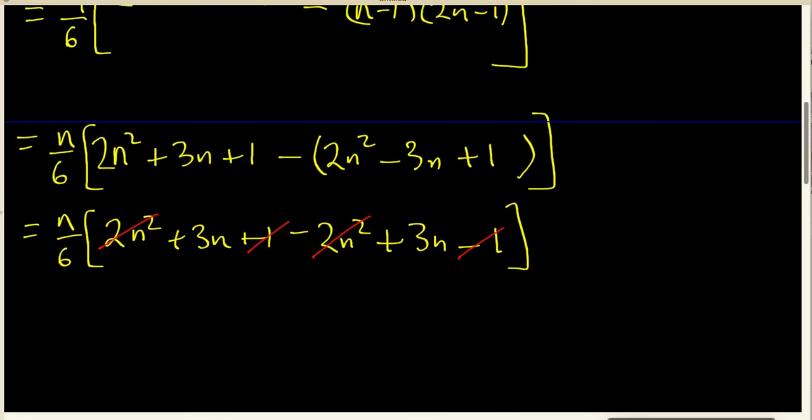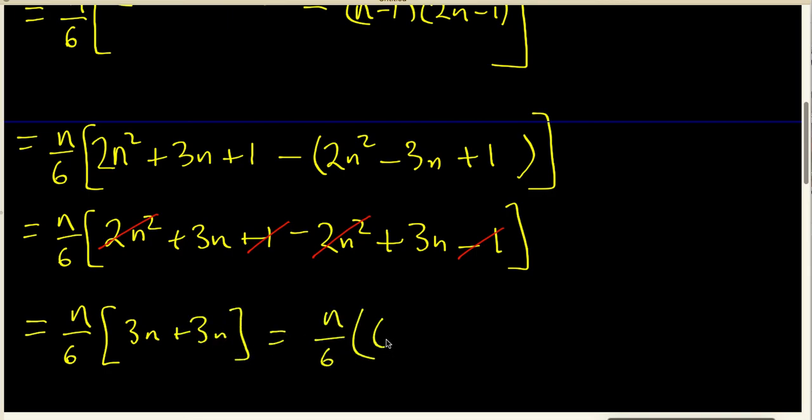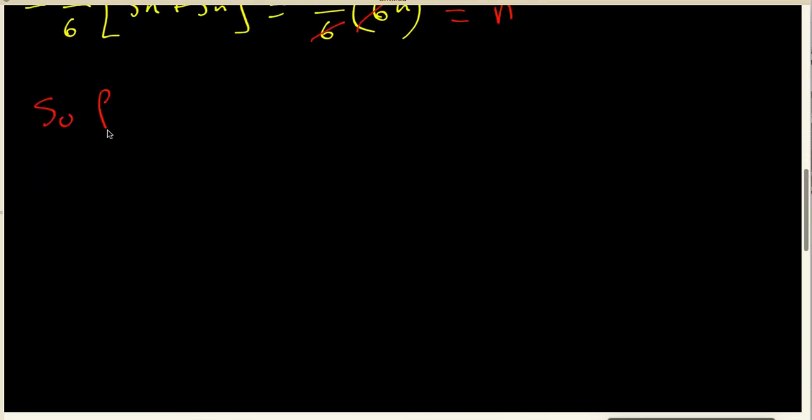So what I'm left with is n over 6 times 3n plus 3n, and that is n over 6 times 6n, and let me clean up my notation. And that 6 divides out, and we are left with n squared. And so the formula works for all of our values of n, and that completes the author's proof.